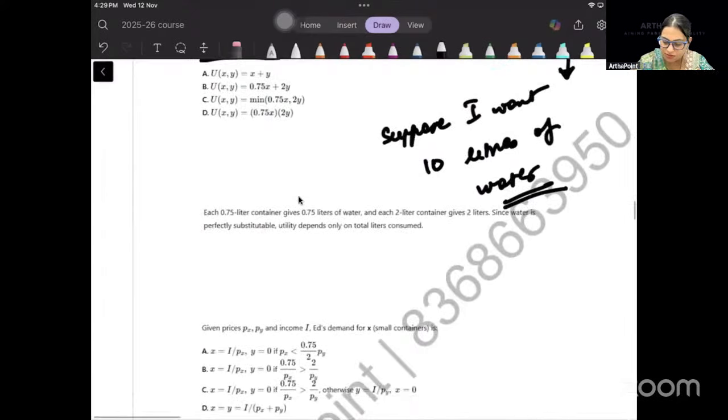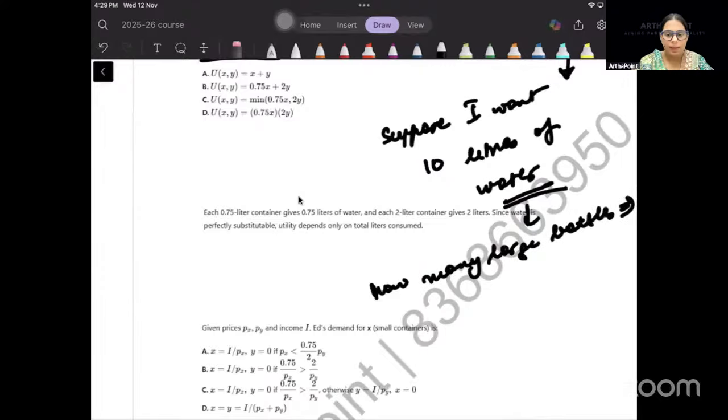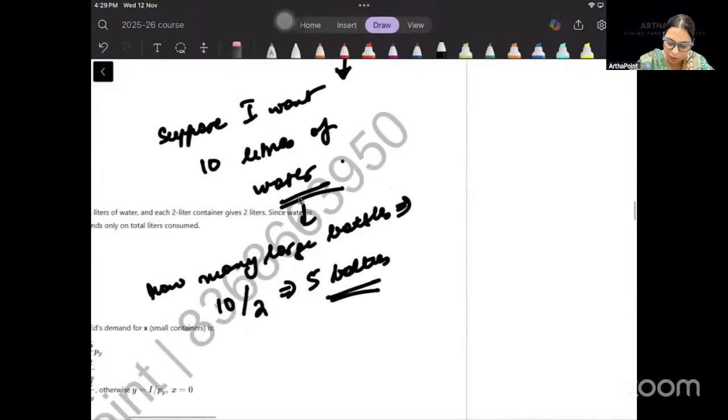So the question is, how many large bottles will I take? 10 liter of water, each has 2. So 5 bottles will be enough. We agree to this?